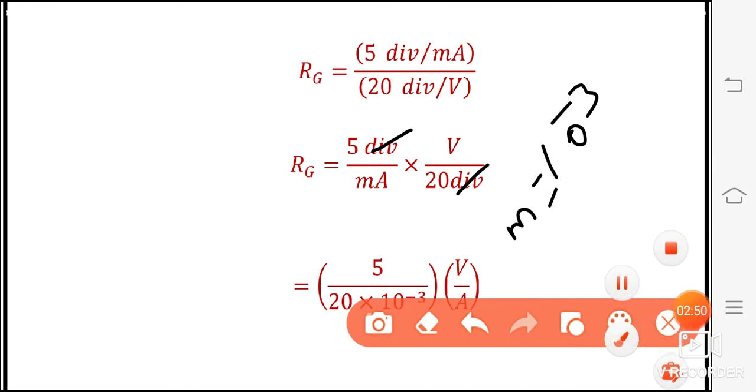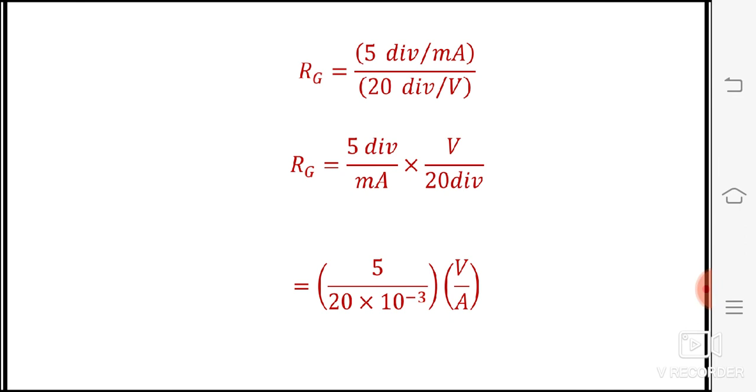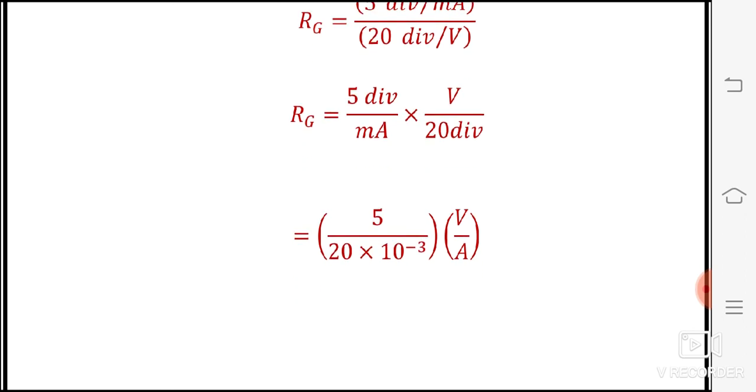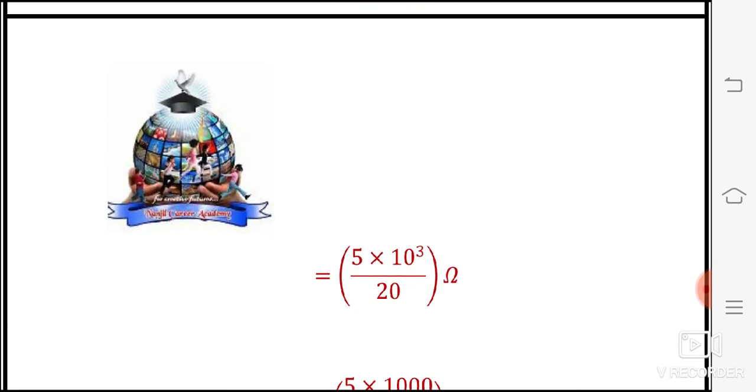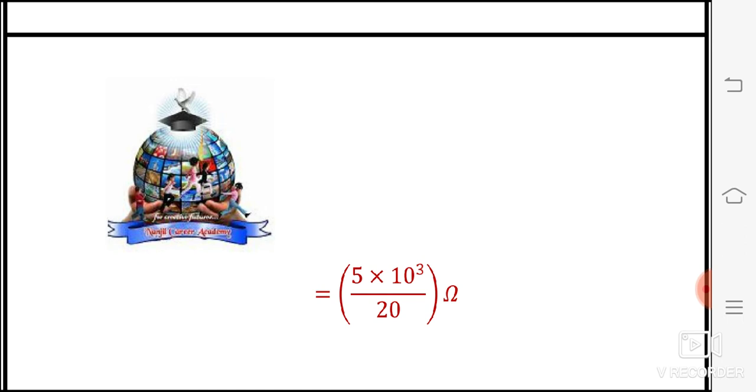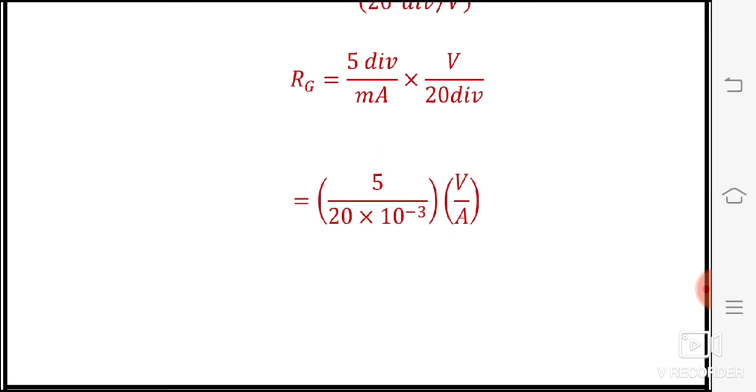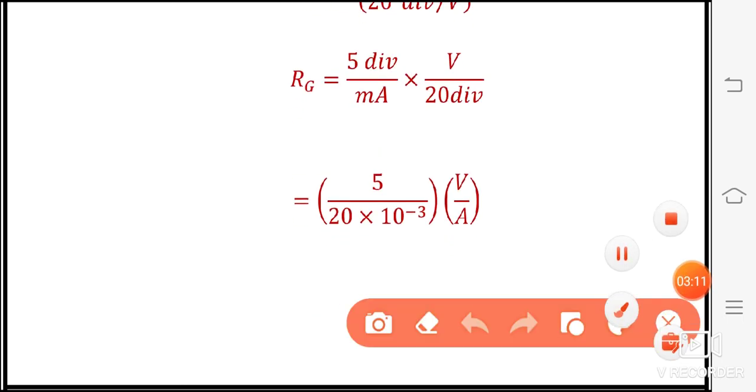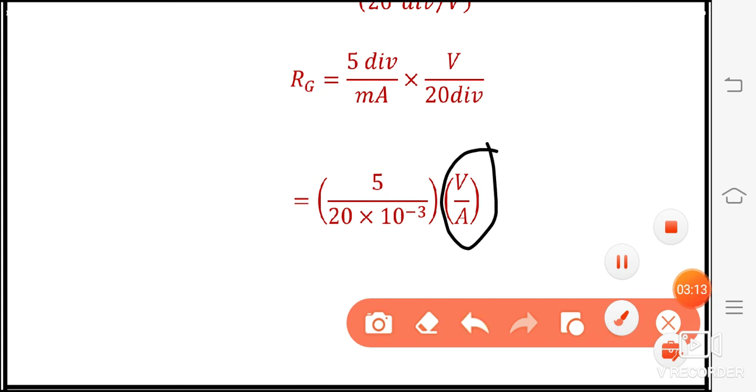So we can write 5 divided by 20 into 10 power minus 3 into volt per ampere. Volt by ampere is resistance R, whose unit is ohm.